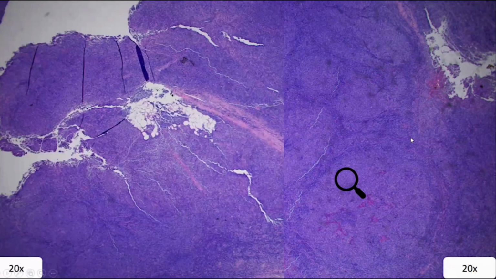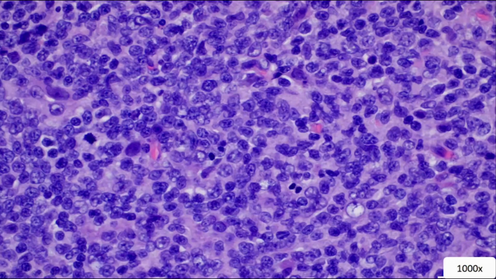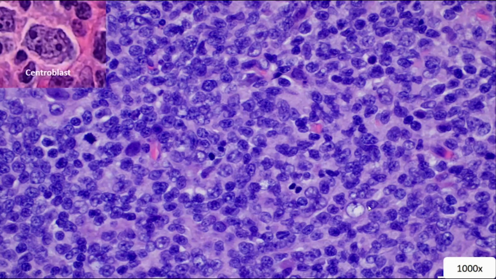And here you can see some architectural effacement by lymphoid process. You can see there are back-to-back follicles of different sizes. The mantle zones have been attenuated. If my magnifying glass works, yep, you can see that it's percolating into the capsular fat. And then on high power here, there are increased centroblasts.